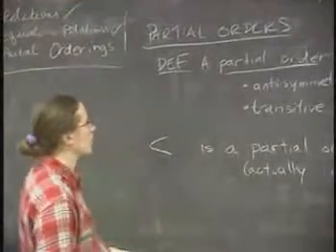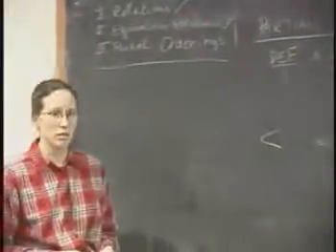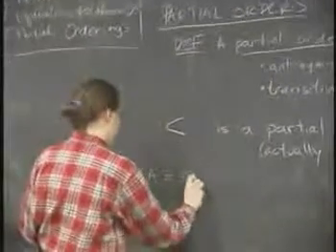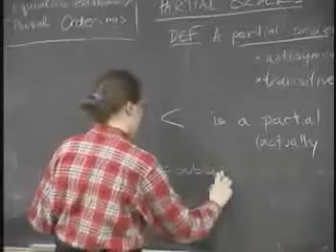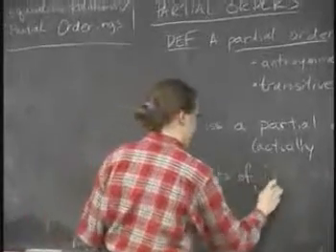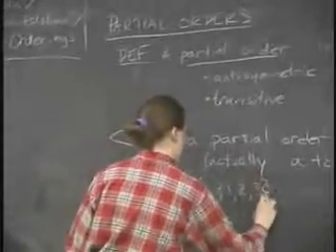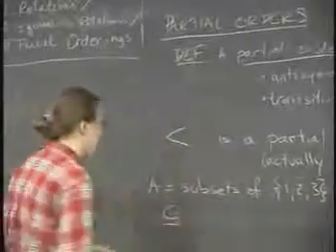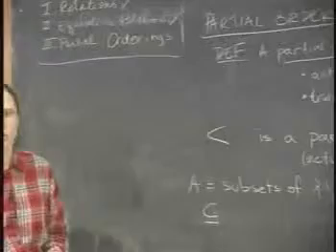Another partial order is subset of. So if we let A be subsets of {1, 2, 3}, then subset or equal to is also a partial order on this set.